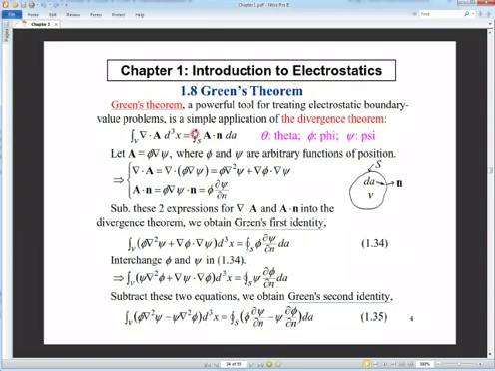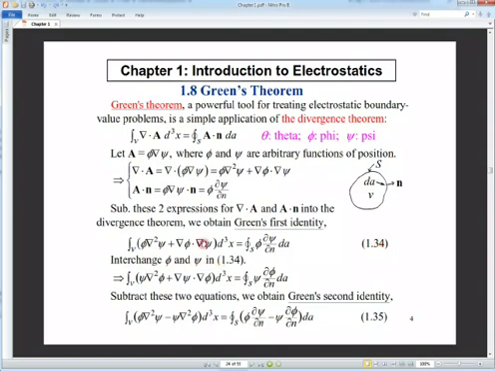So the integral on the surface is equal, this one is the same. A dot n changes to phi times the derivative of psi with respect to n. So you get equation 1.35. Interchange phi and psi in 1.35.